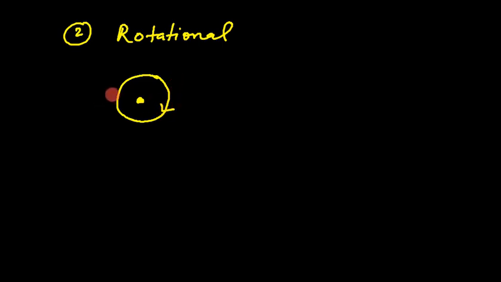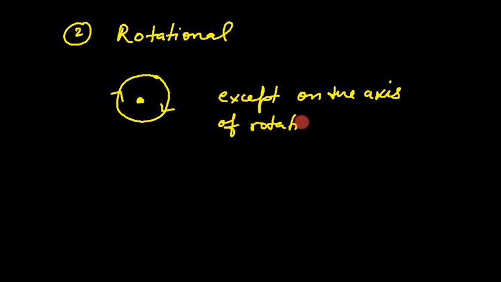So if it is moving like this, this is a rotational motion. Can you guess why this axis of rotation is not included? Well, the rotation is in a straight line when we are talking about axis. So the motion at the axis will be in a straight line.